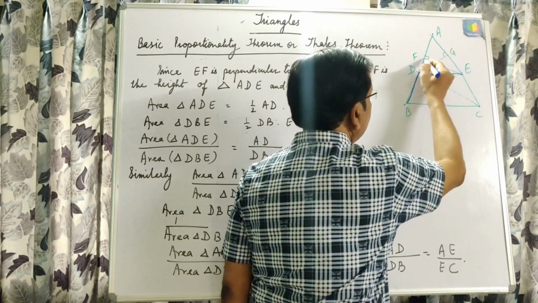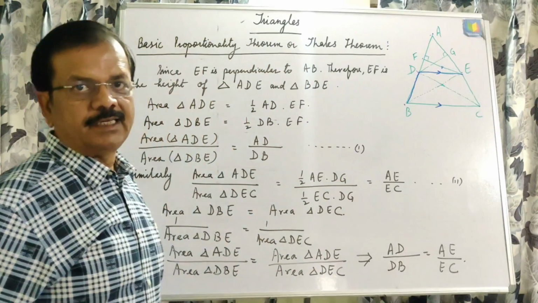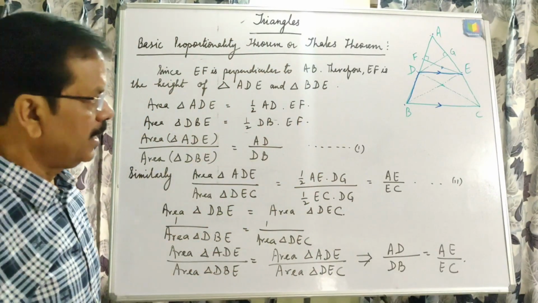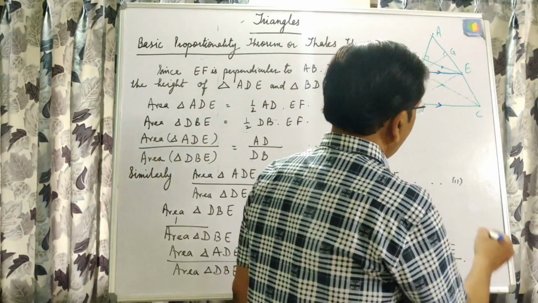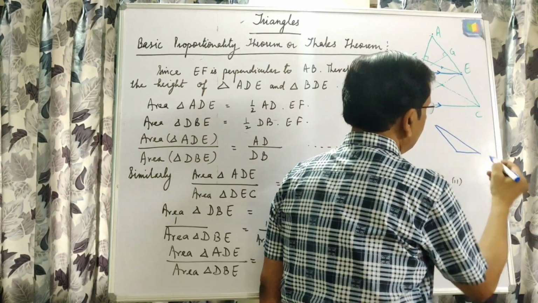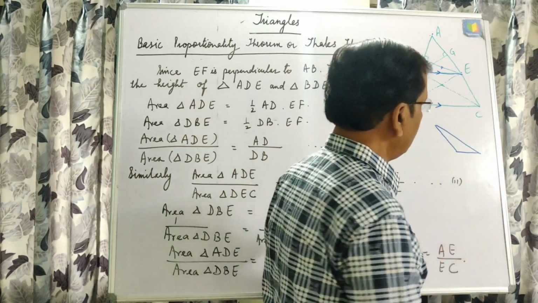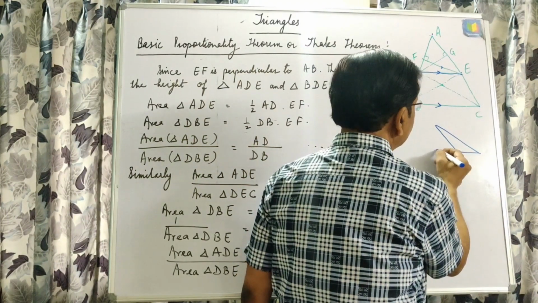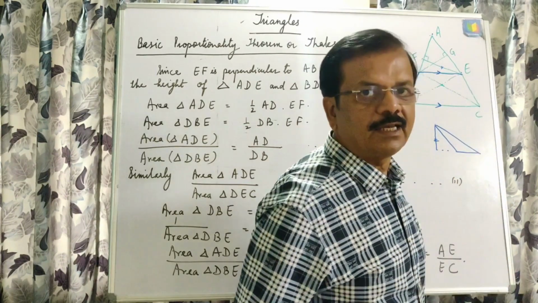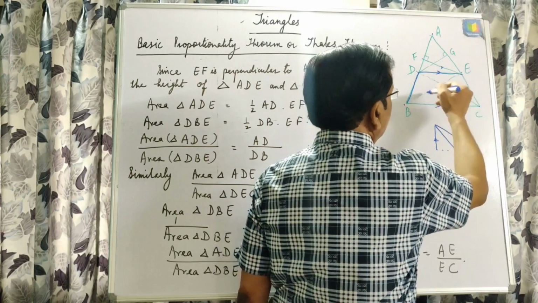Obviously, EF will be the height, which will be outside this triangle. This is how we are taking the height. Suppose here, you can see this is the triangle, and the question is, what is the height of this triangle? Obviously, we produce this side and draw a perpendicular. This is the height of this triangle. And in the same way here, EF is the height of this.